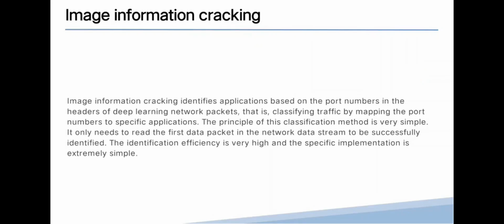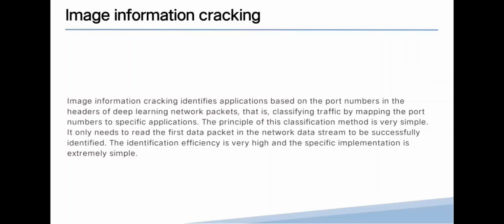Image information deciphering identifies applications based on the port numbers in the headers of deep learning network packets, that is, classifying traffic by mapping the port numbers to specific applications. The principle of this classification method is very simple.